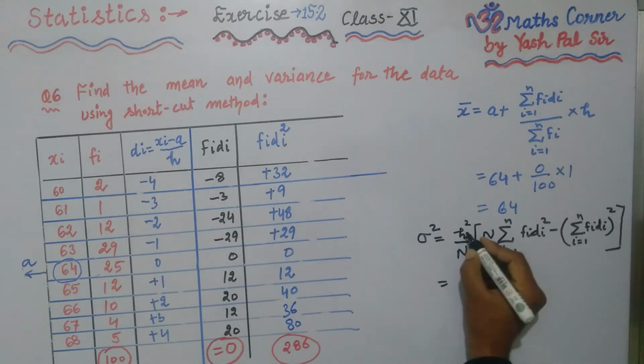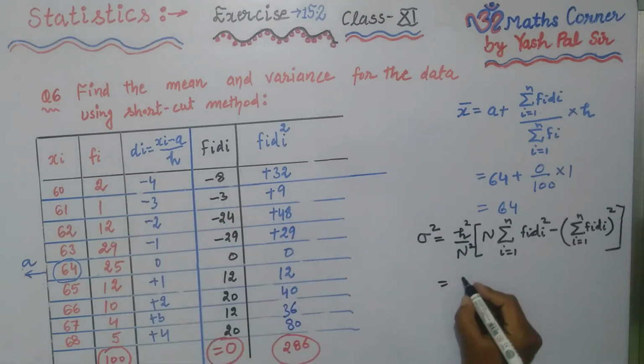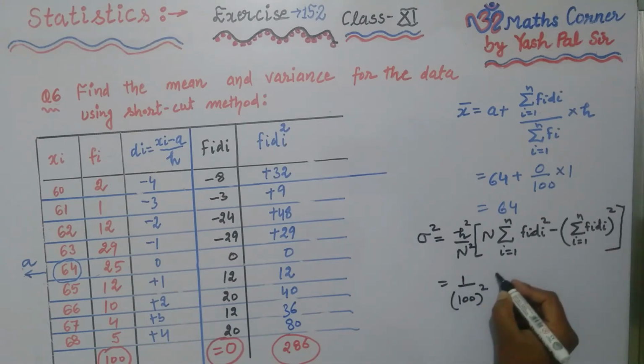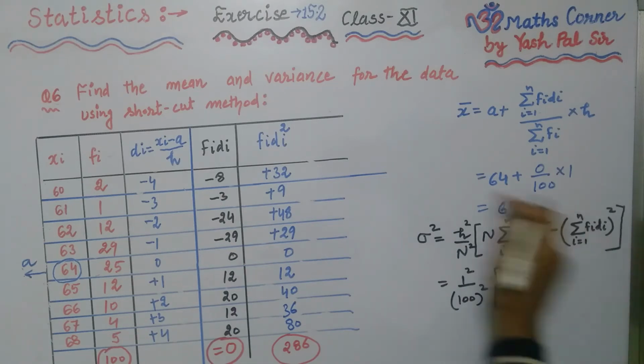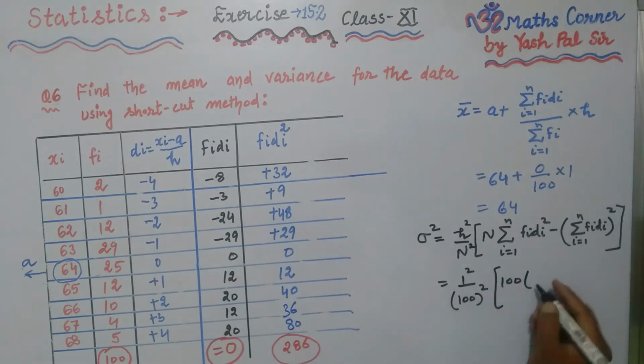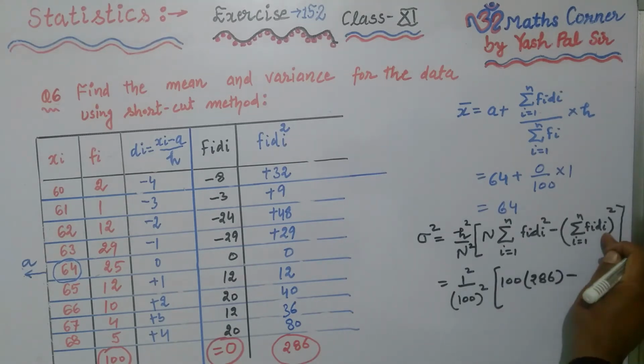Now what is h? This value was 1. 1 upon n, n means sigma fi, this is 100, 100 whole square, 1 whole square, n means 100 into fi di whole square, this sum is 286, minus fi di, the sum is 0, its whole square.